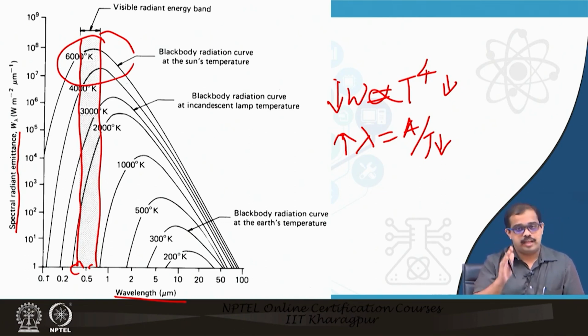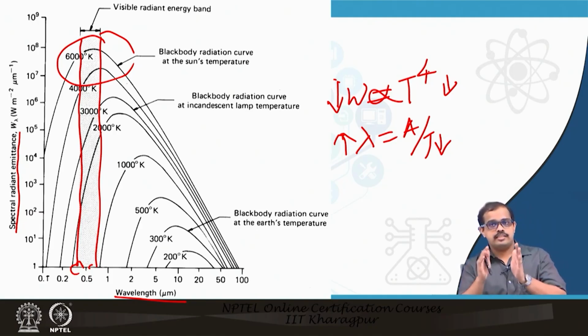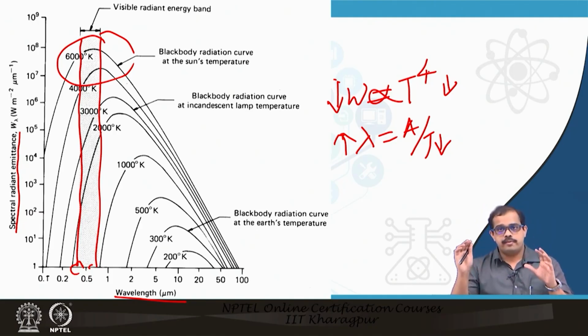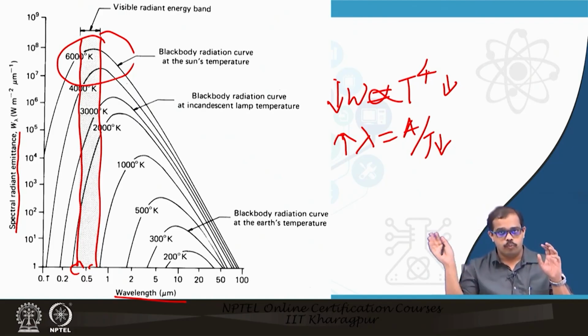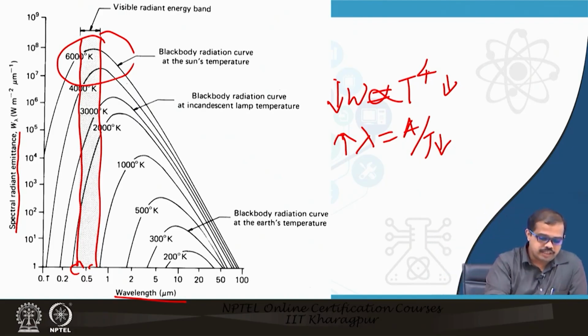So, that is why you can easily connect with RGB. Any of your colors are made from the primary colors, which are red, green and blue. When you look at this, this is blue, green and somewhere here is red.